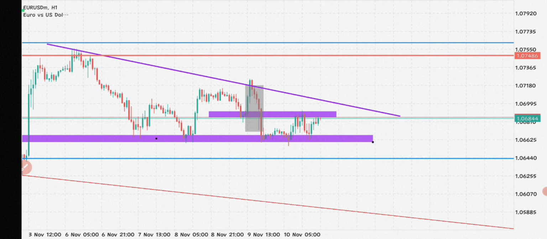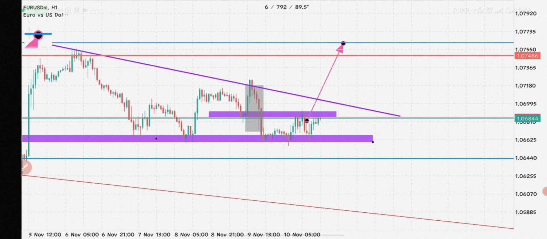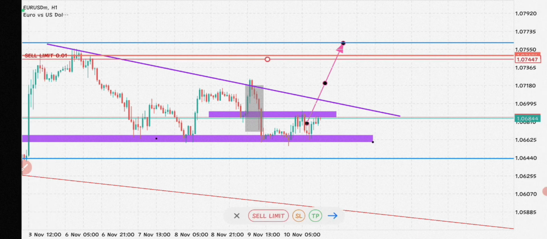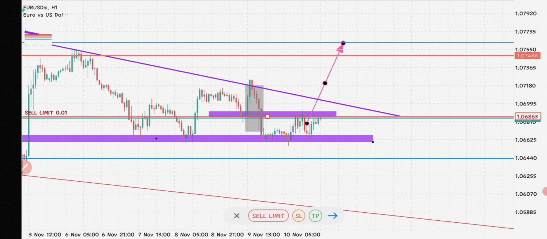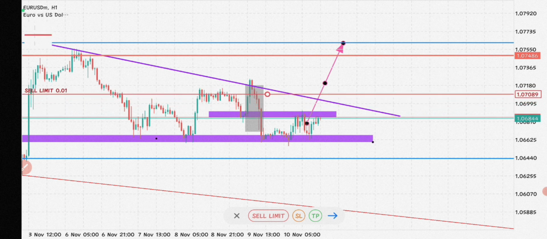This is an ascending triangle. Once broken, we are expecting the market to get to this zone. If you do your calculations very well, once it is broken, don't enter the market yet. We are looking at entering the market at this zone.